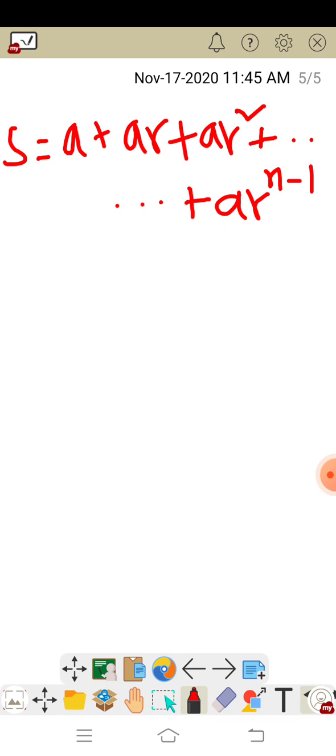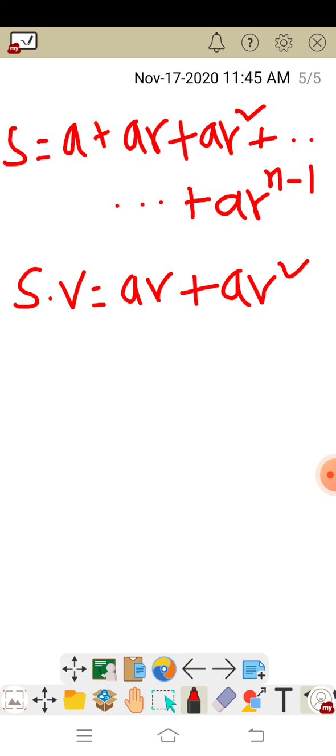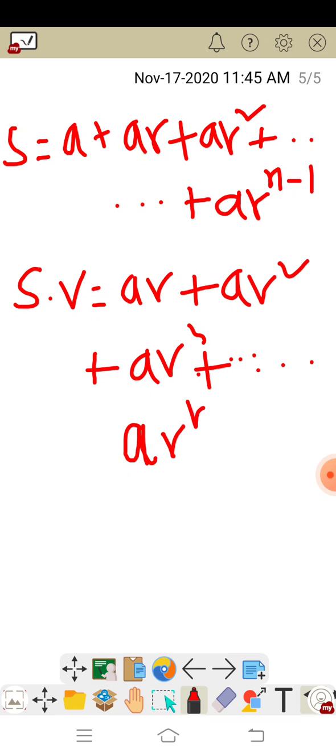Now multiply this S with R. Then what happened? AR plus AR square plus AR cube plus and so on. What is the last term we will get? A into R to the power of n minus 1 into R is nothing but simply A R to the power of n.